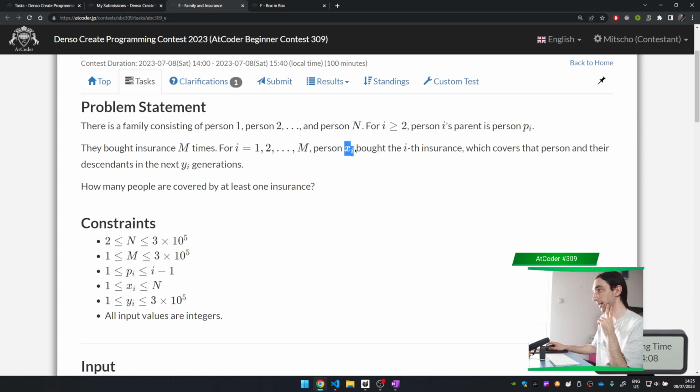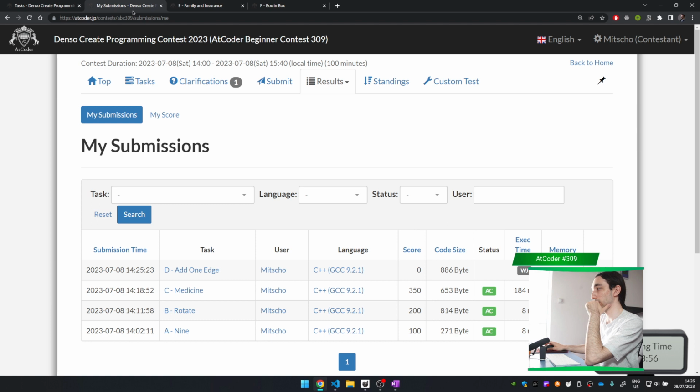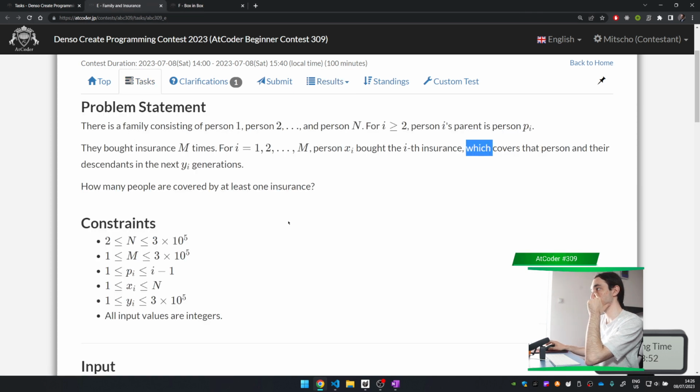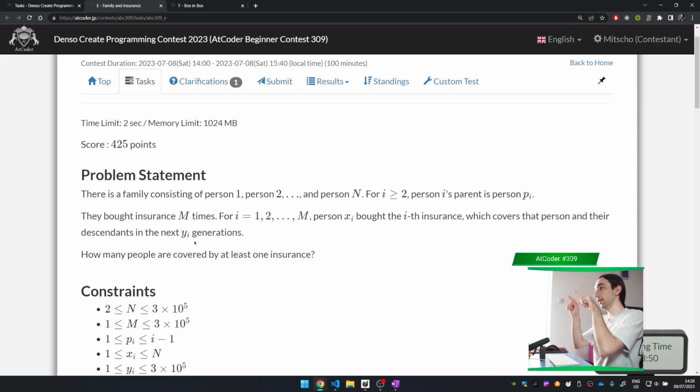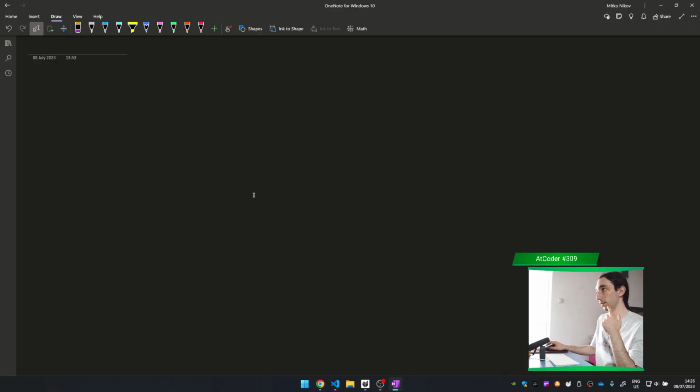Person xi bought the ith insurance, which covers the person and their descendants for the next y generations. This is pretty cool. Okay, D gets accepted. So this is pretty cool.